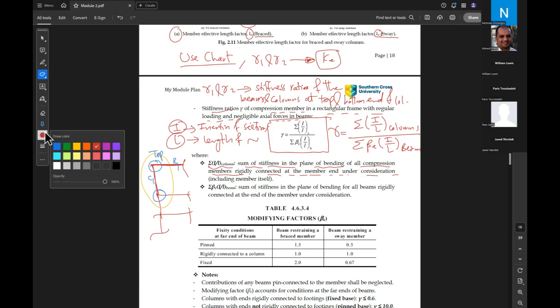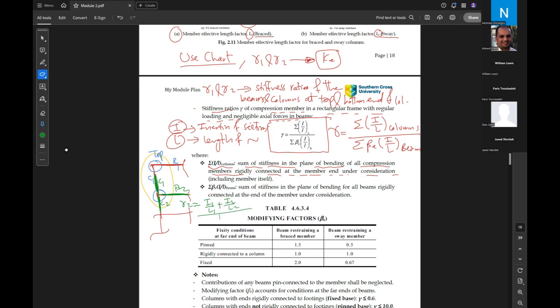For the bottom end, we have B2, and we have C1 and C2. So here gamma 2, for example, will be equal to I1 over L1 plus I2 over L2, divided by I beam over L beam multiplied by beta E. Okay, so this is the idea.